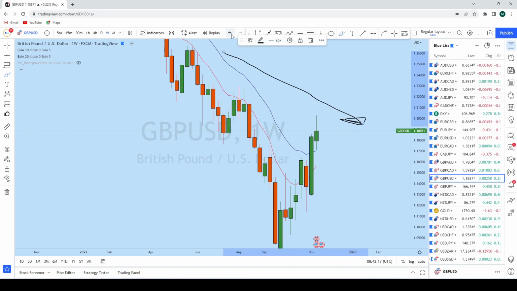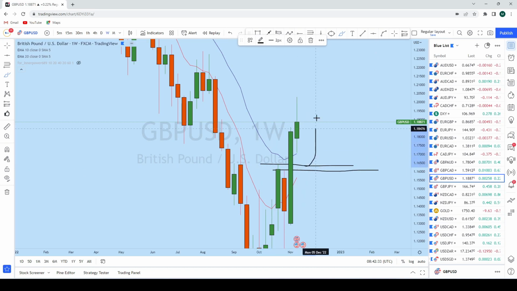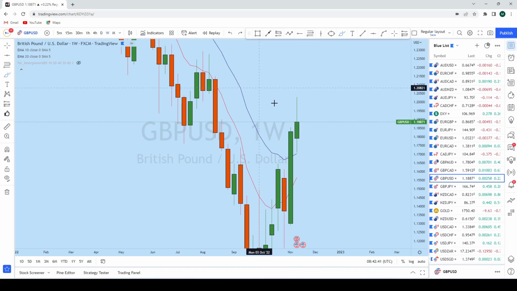What I think GBPUSD is going to do is break this weekly low to the downside and test this narrow green-red candle, this previous resistance turning support, and then we might see another bullish move, and a weekly close as a bullish candle, above this broken low, and then going up.